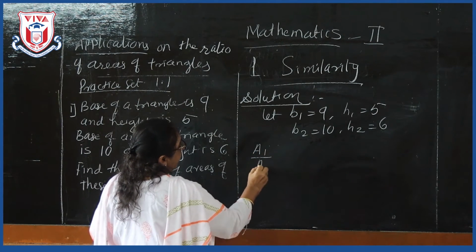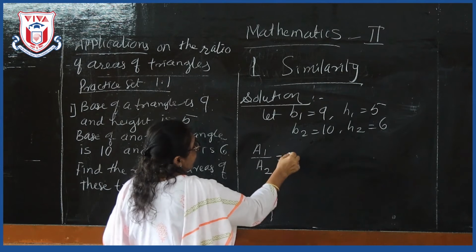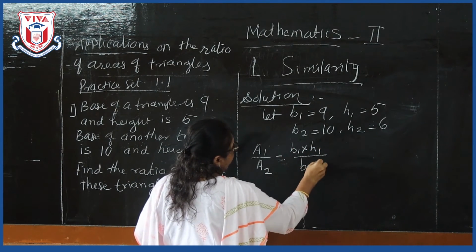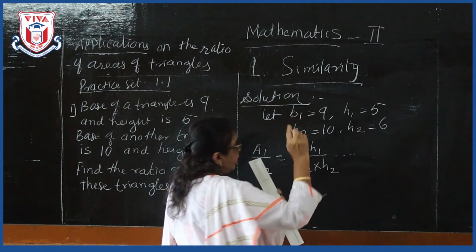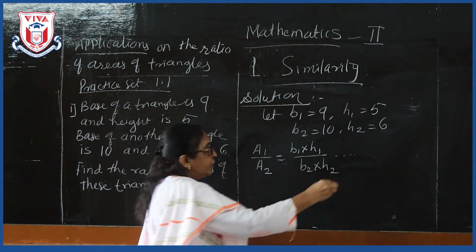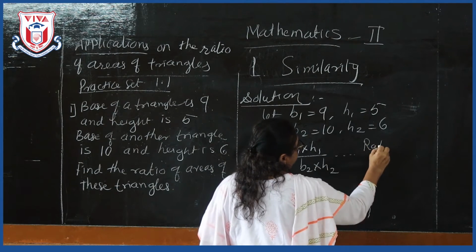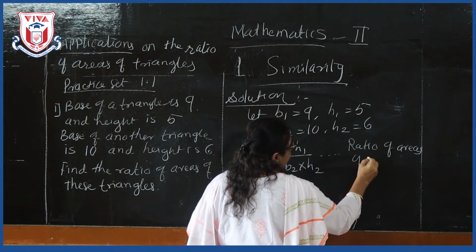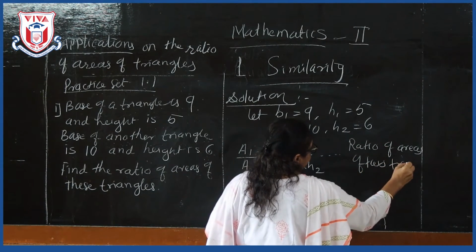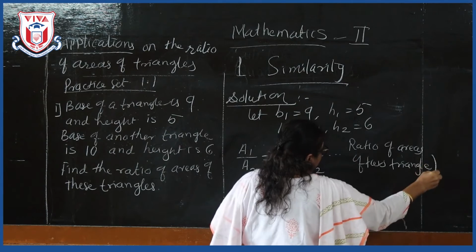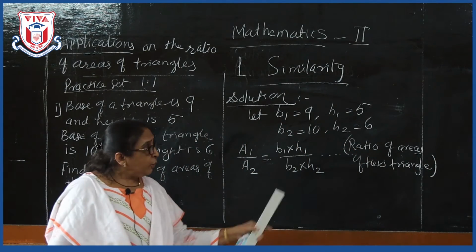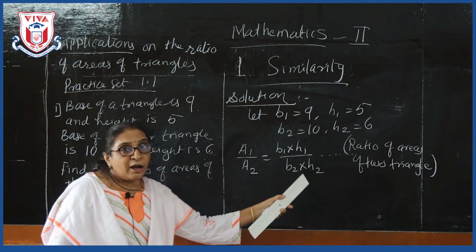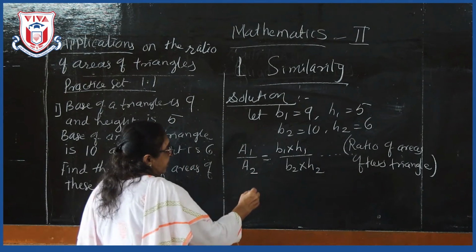A1 upon A2 is equal to B1 into H1 upon B2 into H2. And here the reason we can write is ratio of areas of two triangles. Don't forget to write the reason, otherwise you will lose your half mark in the lack of the reason.